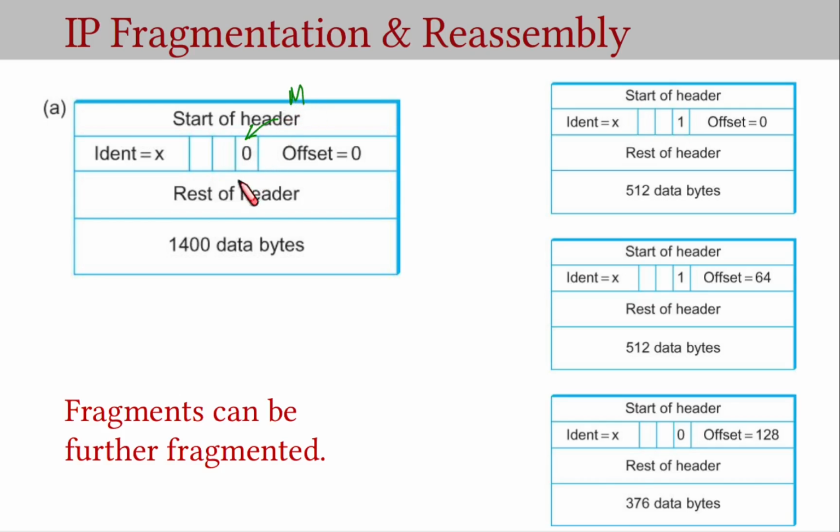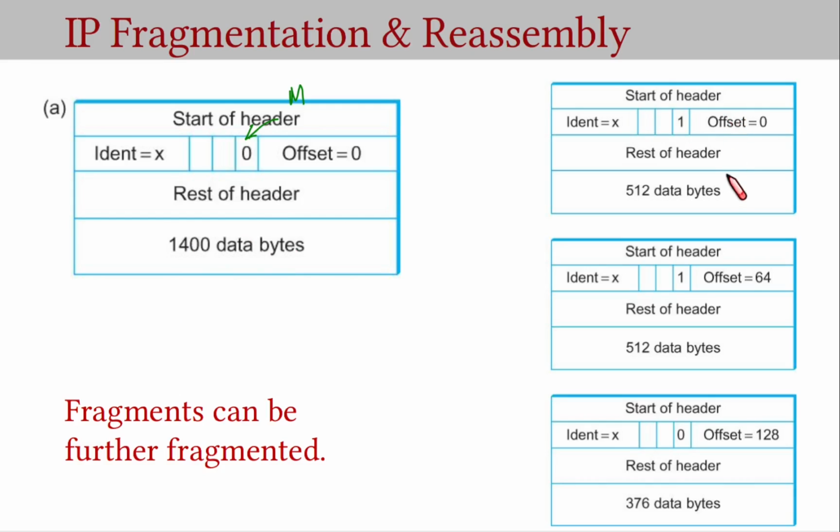That means there are no more fragments, so this is a datagram that is all by itself. And then there is an offset field, and I will explain in a minute how this is used, but this is going to be set to 0 as well. And then there is the rest of this IP header, and then this payload, and in our example the payload was 1400 bytes.